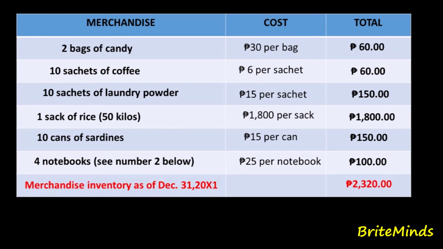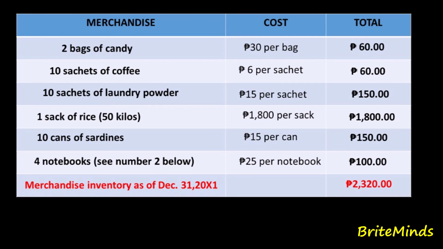150 pesos. And then the sack of rice costs 1,800 pesos. And then the 10 cans of sardines cost 150 pesos.